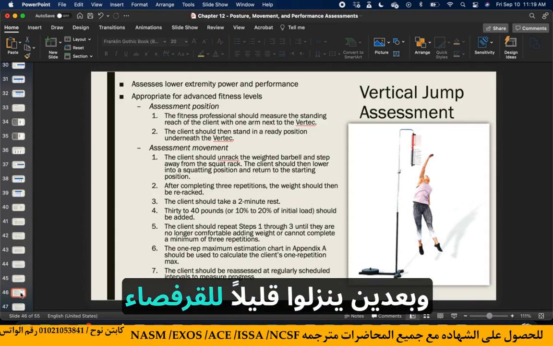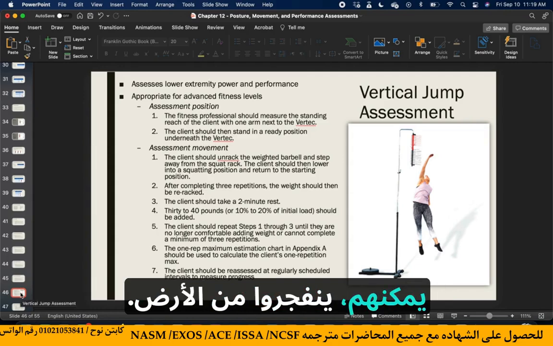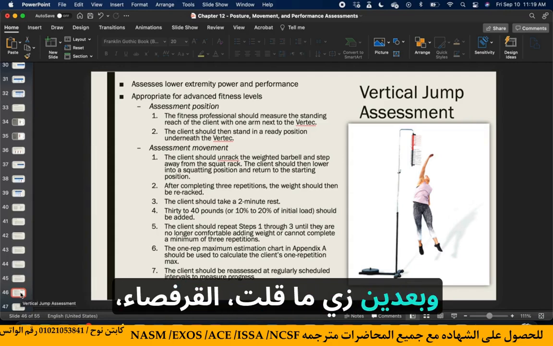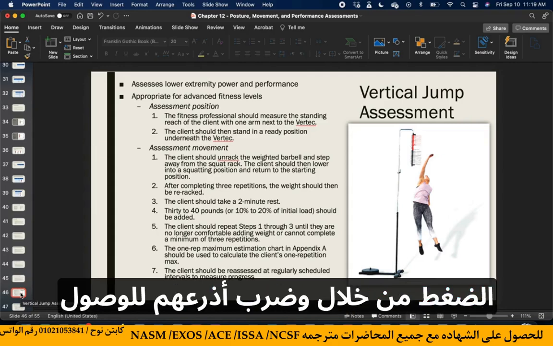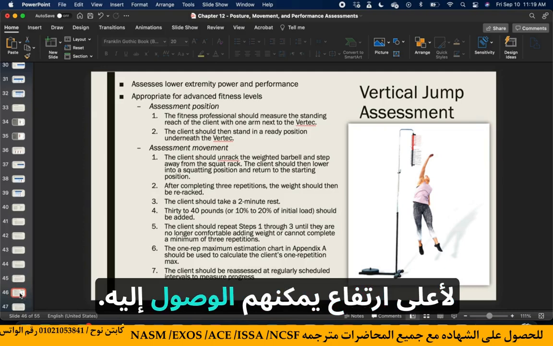And then they squat down slightly and then jump up as hard as they can, explode up off the ground, pressing through, and swiping their arms to get the highest reach that they can.